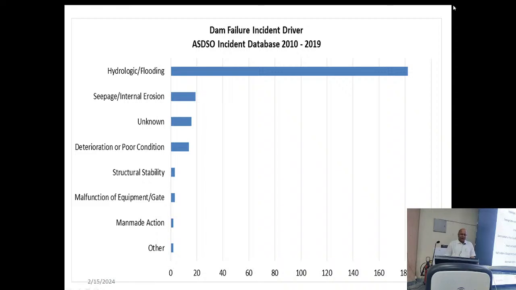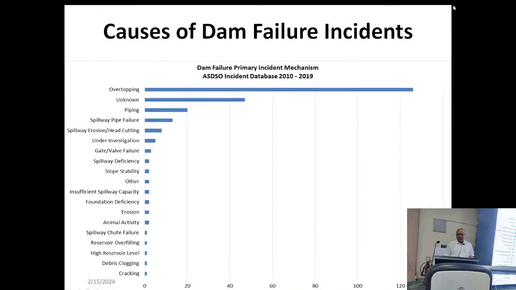The next I can say is malfunction of the gateway, crash condition possible, and also some explosion of dams or other factors. This is the cause of a dam accident.